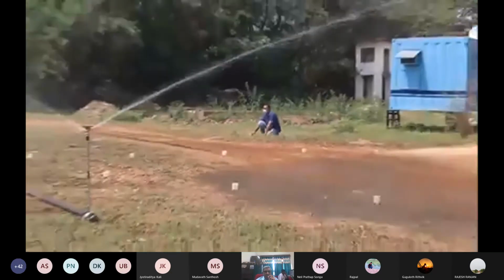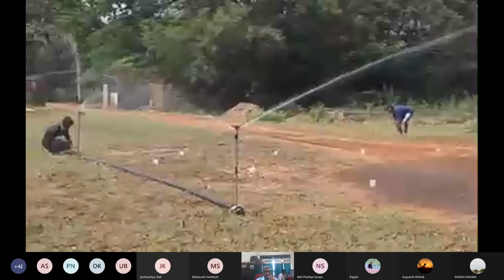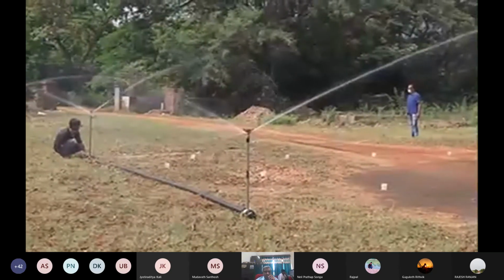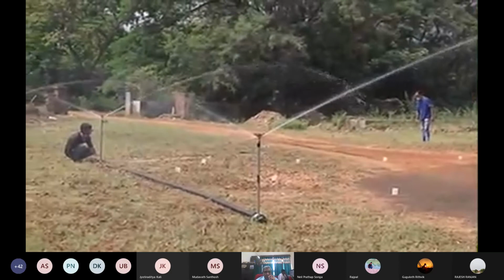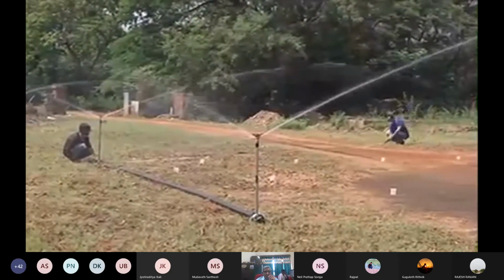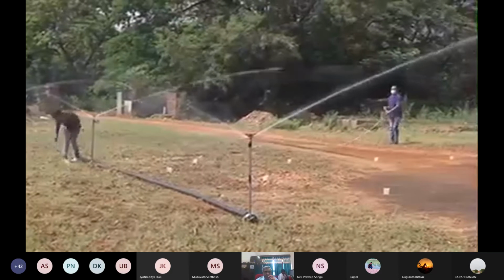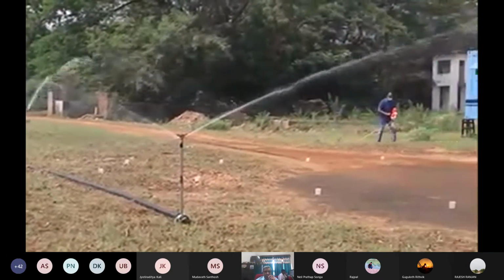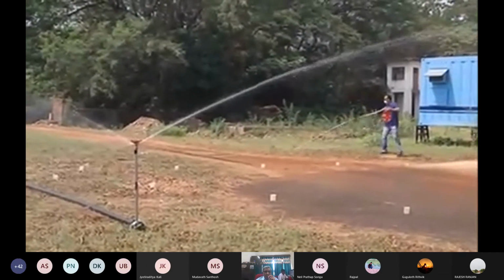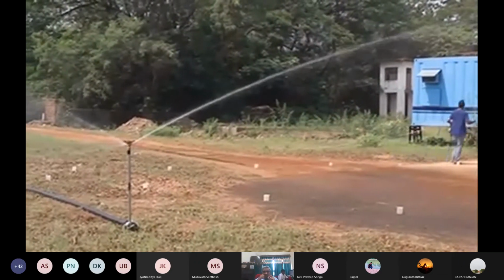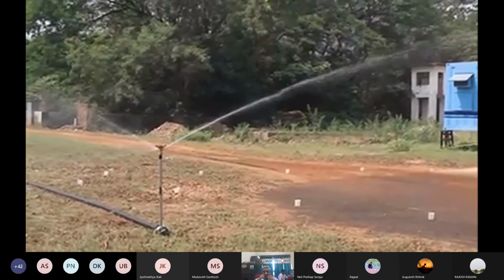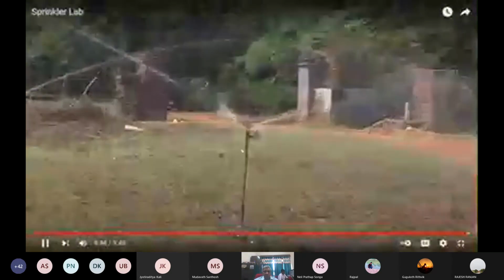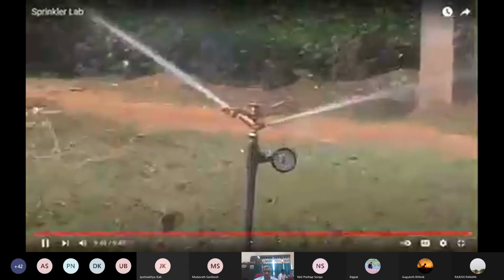So we are measuring operating pressure, the volume of water, then discharge, then the wetting diameter of coverage, and the depth of water collected in the cans. This depth of water collected in each can is used to find the coefficient of uniformity, the formula which I already explained in theory class, and we have worked out problems in the tutorials.